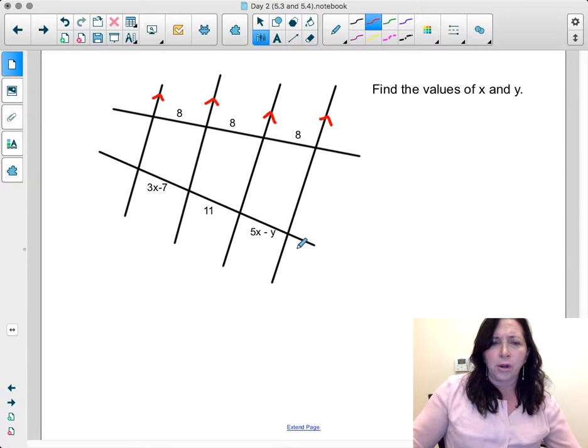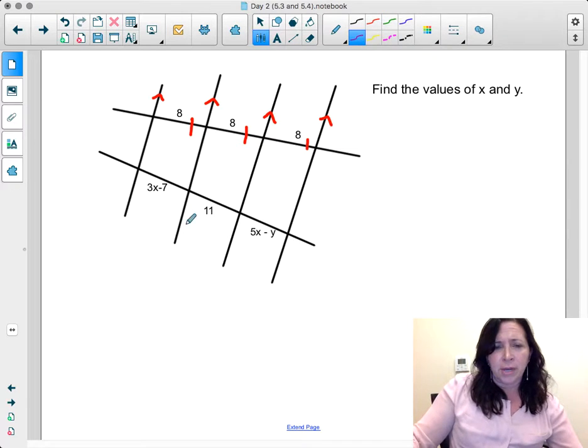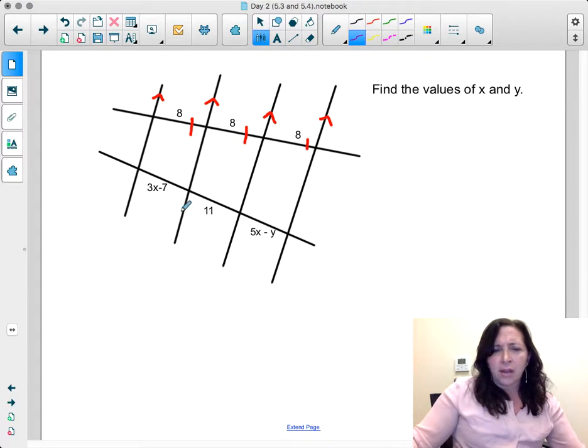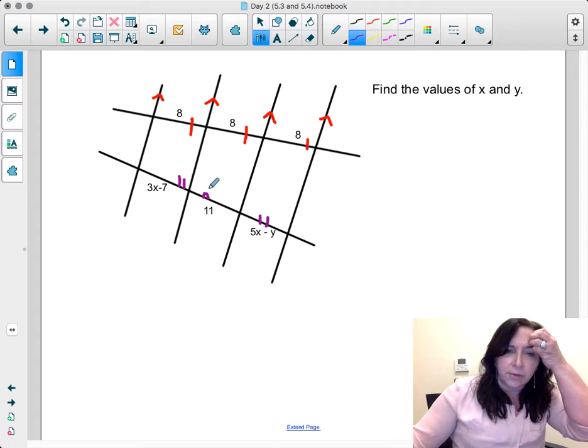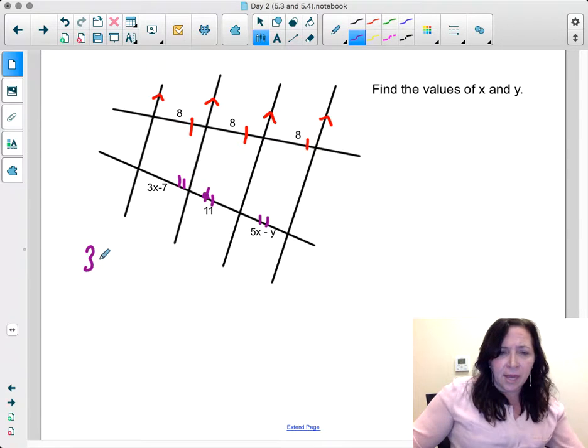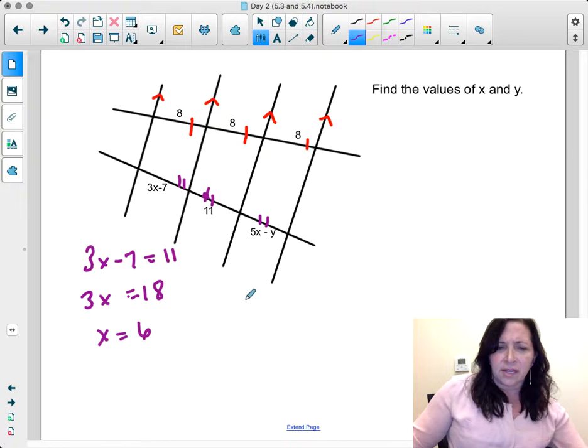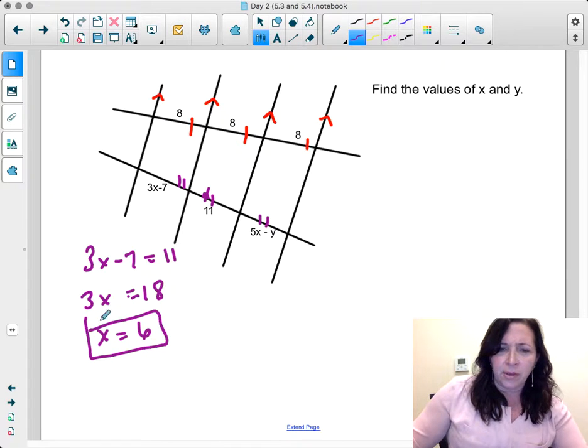Practicing once more, we know all these segments are congruent, they're all 8s. And then we know that all these are congruent. Now, I can say that I'm going to set this here equal to this, and they're all equal, of course, but I'm going to say 3x minus 7 is 11. I get 3x is equal to 18, and then we get x is equal to 6. So we have that value here.